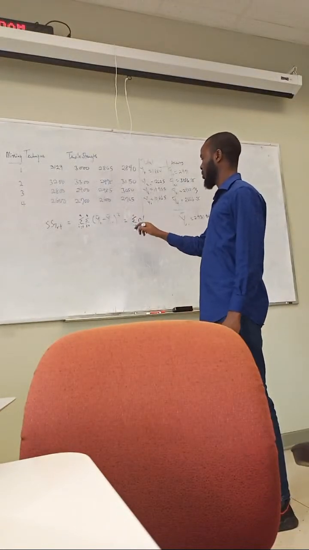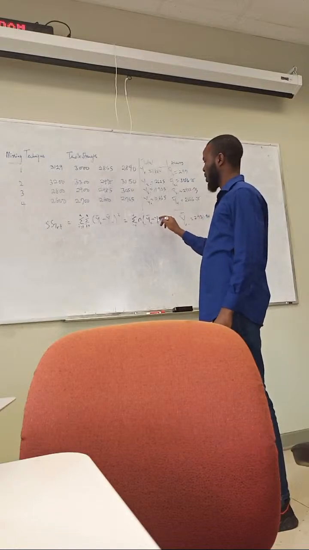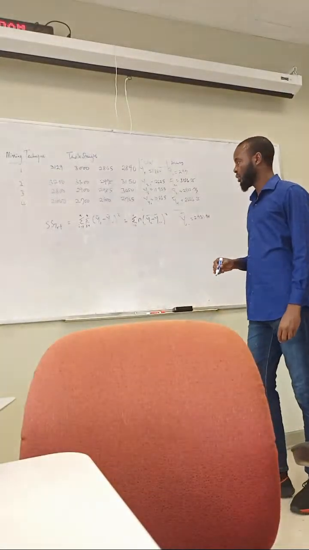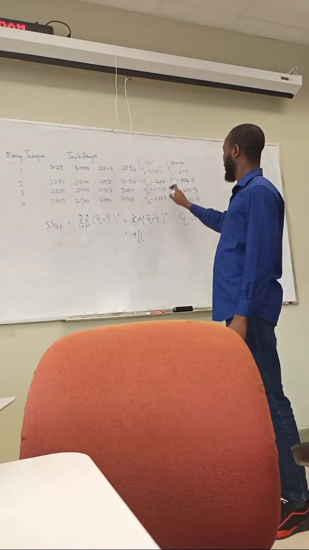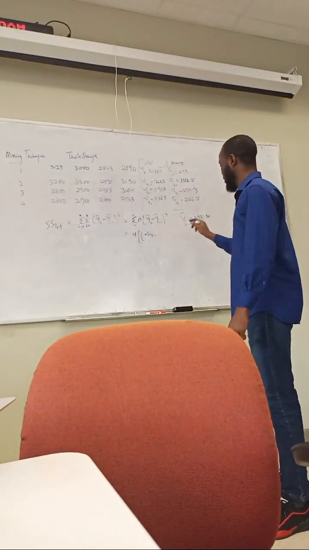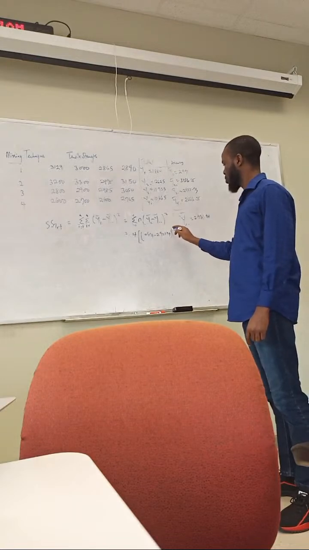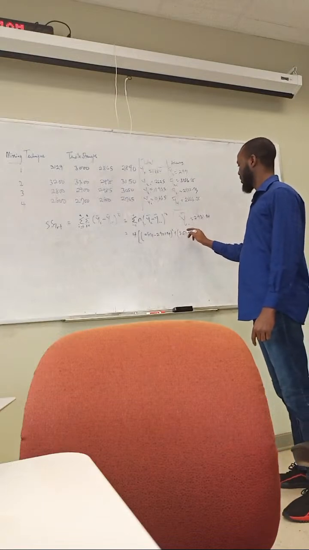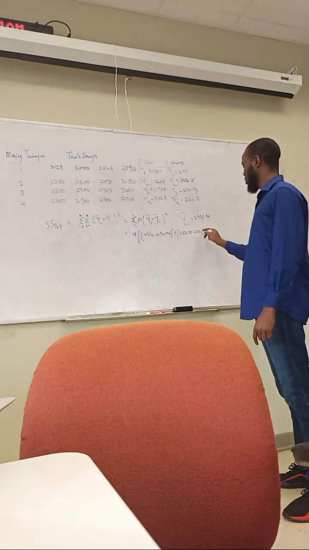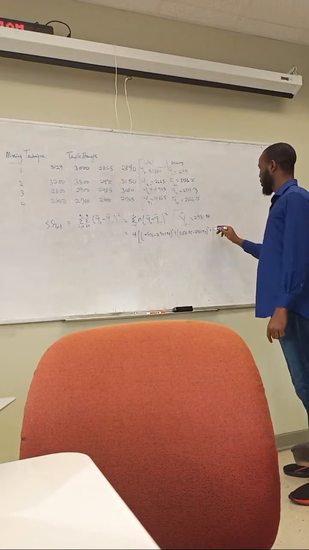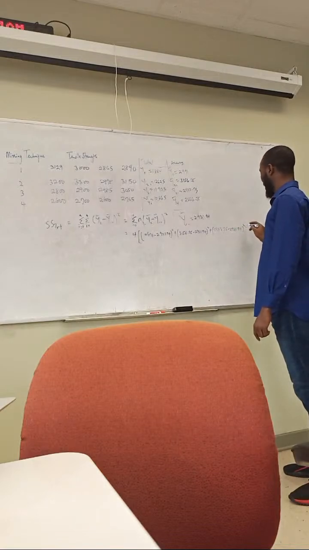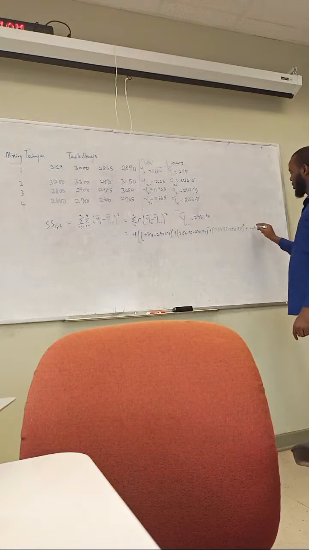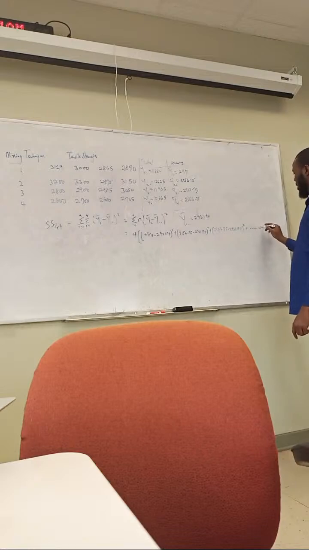Here you can see i from 1 to 4, and we have y_i dot bar minus y dot bar, all squared, which is the same as 4 times the bracket: 2971 minus 2931.94 squared, plus 3156.25 minus 2931.94 squared, plus 2933.75 minus 2931.94 squared, plus 2666.25 minus 2931.94.